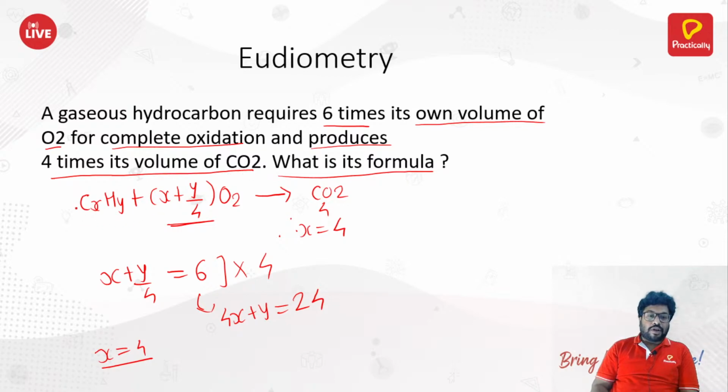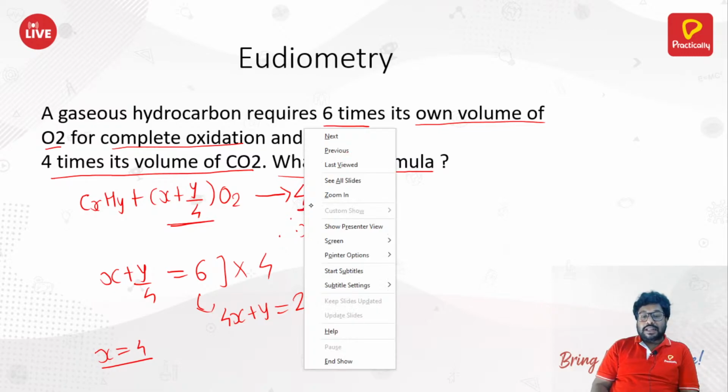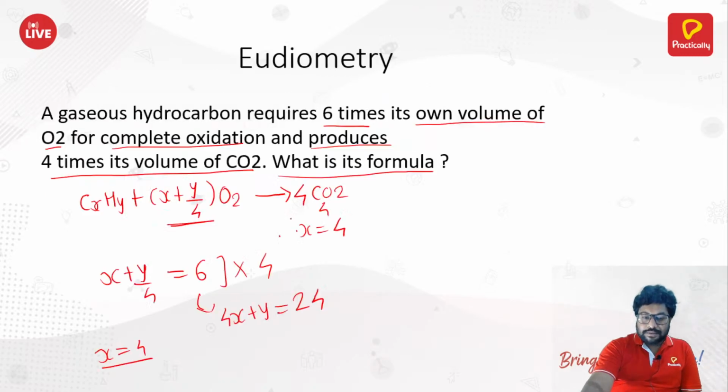That means whatever volume you have here, 4 times that CO2 is produced. That means you get 4 CO2 now. Remember, the number which is before this carbon in CO2, that number will be the number of carbon atoms. That means x is 4.